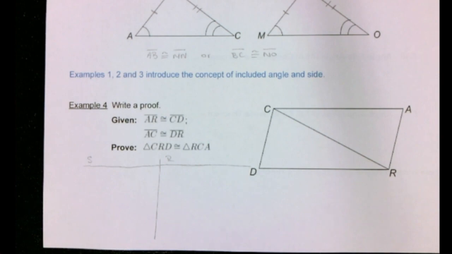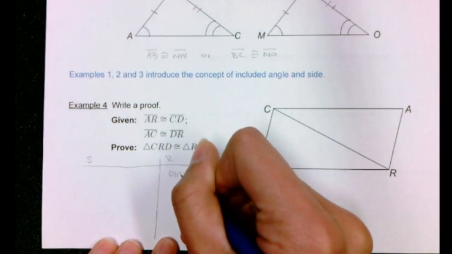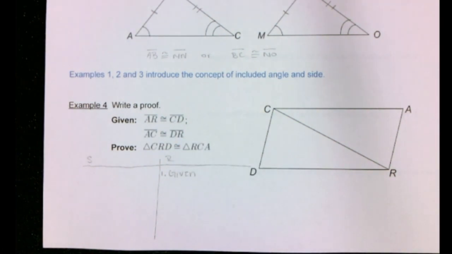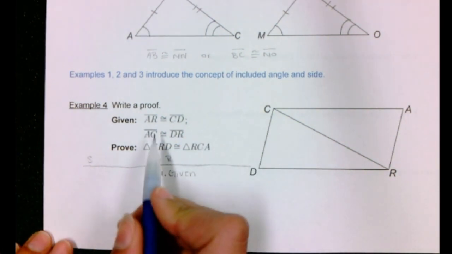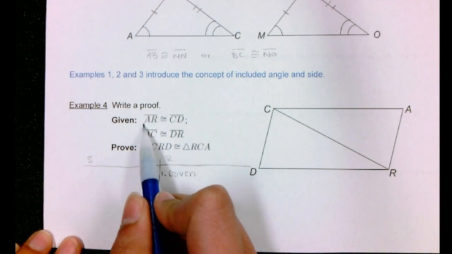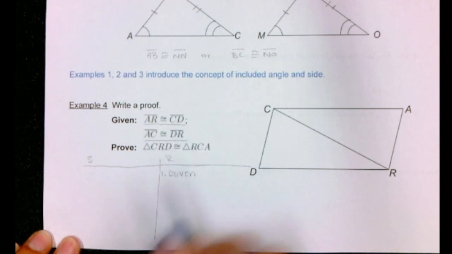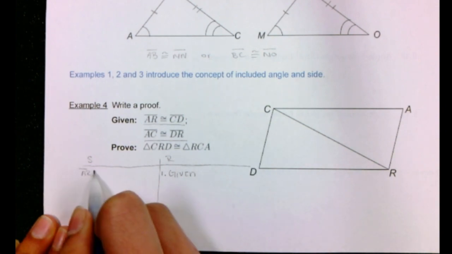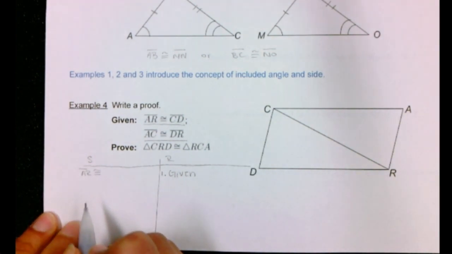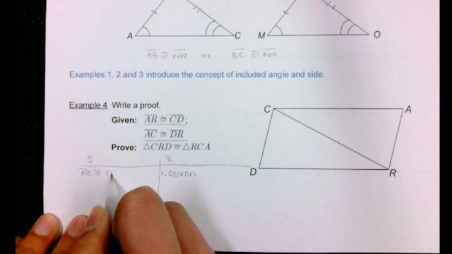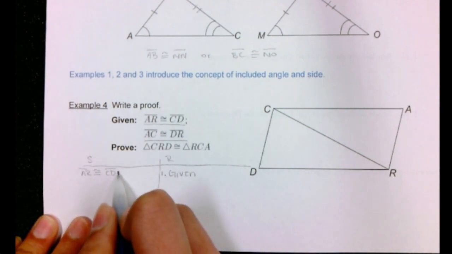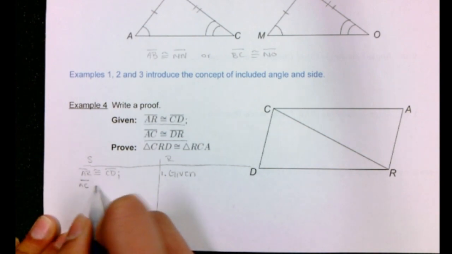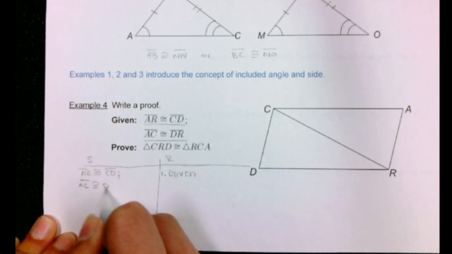First we'll write our given, which is this: side AR is congruent to side CD, and side AC is congruent to side DR.